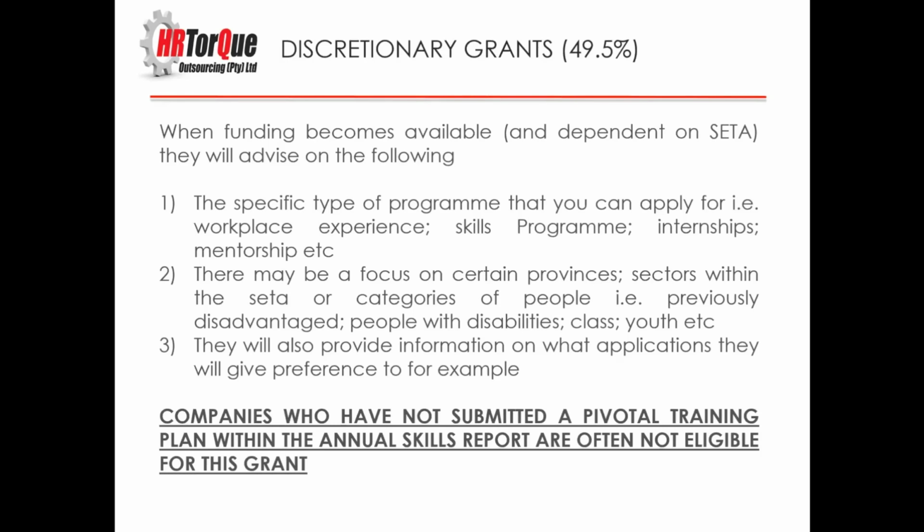And if you're using your workplace skills plan correctly, looking at your employees, looking at your sector skills plan, identifying what your CETA is looking at, and then looking at your employees, you are far more likely to be identified as an employer that they will approve for additional funding and for discretionary grants. You will gain access to so much more funding than if you just do the basics within your workplace skills plan and your annual training report.